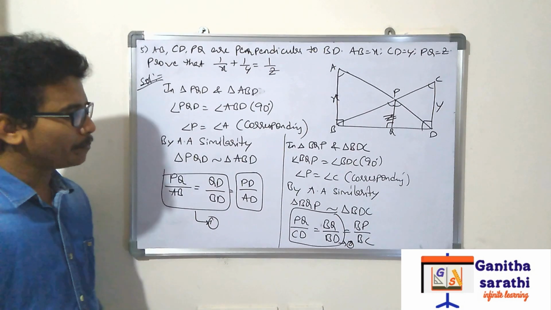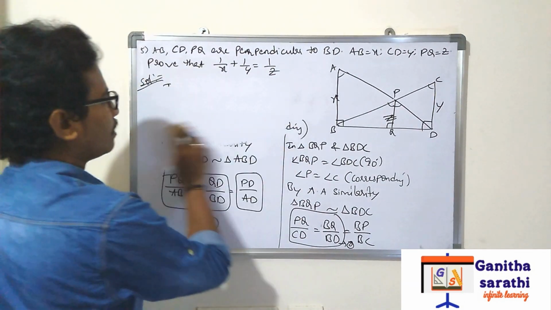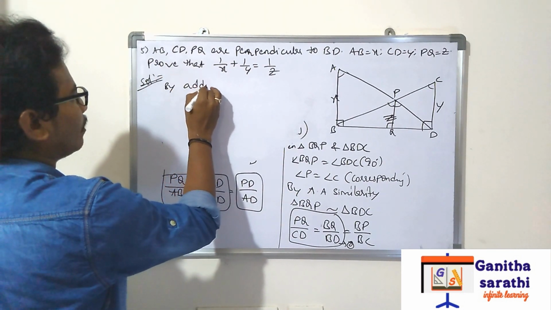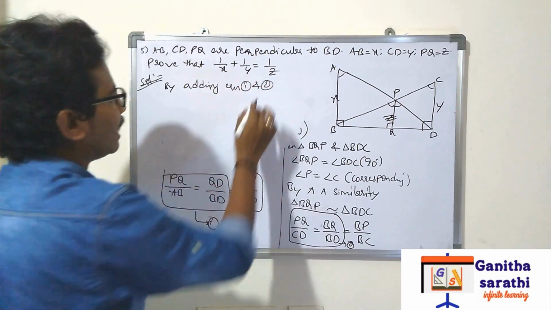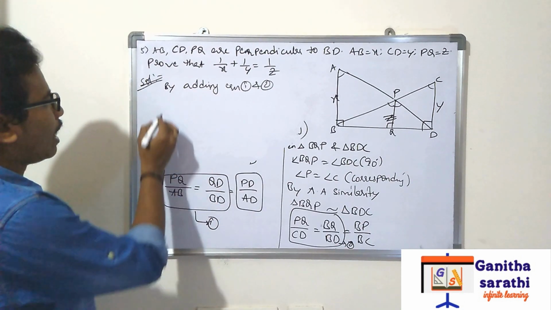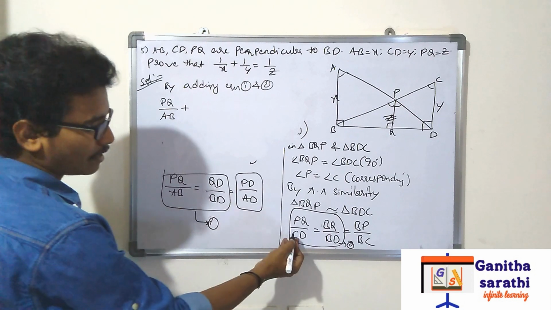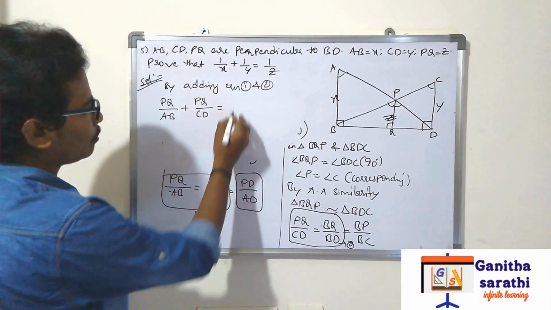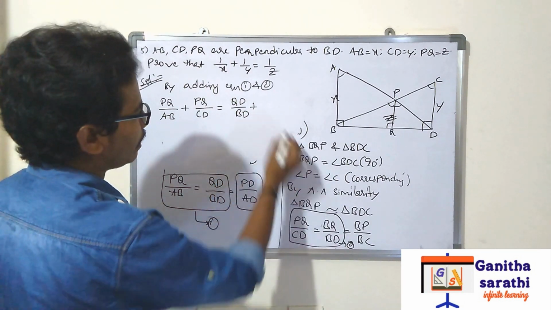Now what we have to do? Add equation 1 and equation 2. Add the LHS part to the LHS side and the RHS part to the RHS side, meaning PQ by AB plus PQ by CD is equal to QD by BD plus BQ by BD.